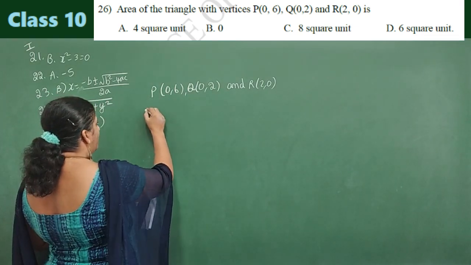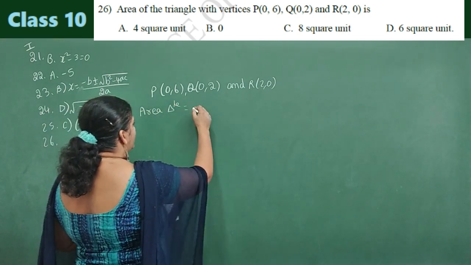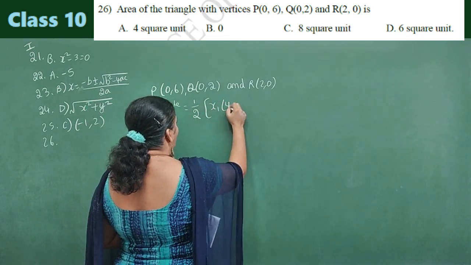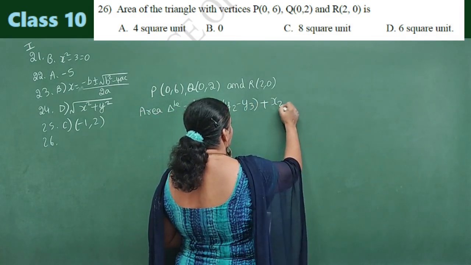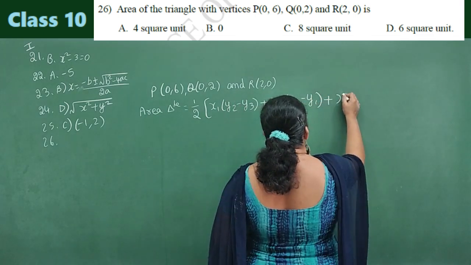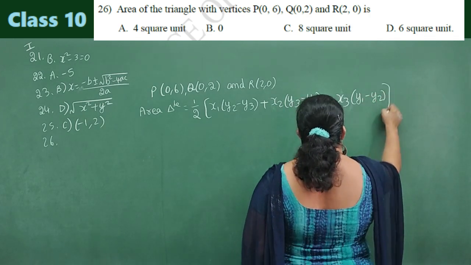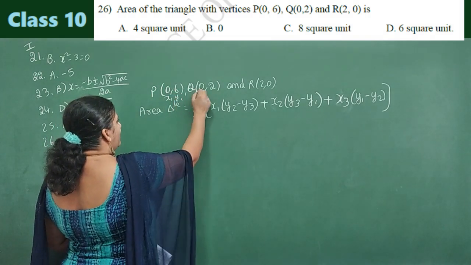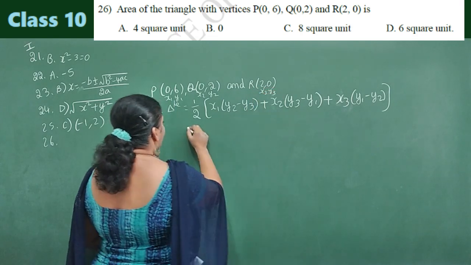The area of the triangle formula is half of x1 into (y2 minus y3) plus x2 into (y3 minus y1) plus x3 into (y1 minus y2). For the coordinates, write x1 y1, x2 y2, x3 y3.